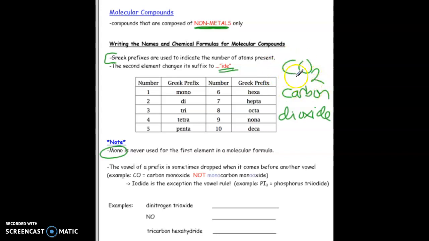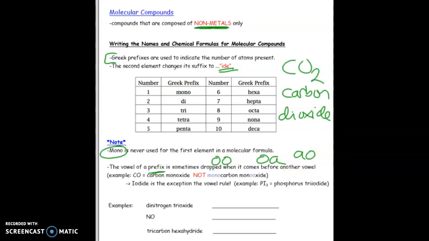Okay, so the first element, if there's only one of them, you don't put in the mono. If you have a vowel where the prefix ends with the same letter as the beginning of the element name, you actually drop the second vowel. Normally that happens with OO or OA, or even AO.